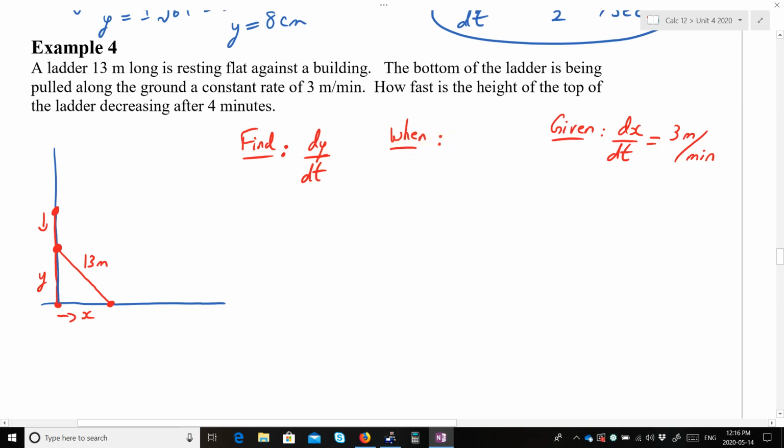When? Okay, this question is a little bit different. After 4 minutes, so when we hit this time of 4 minutes, how are we going to incorporate that into x and y? So there's our 90-degree triangle.